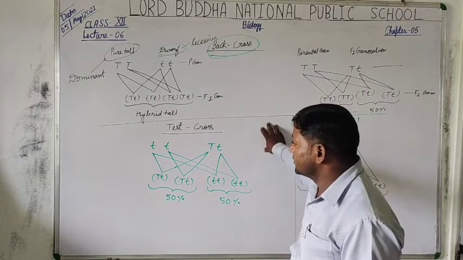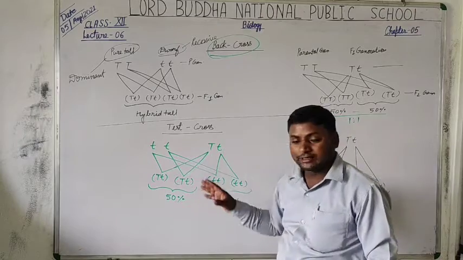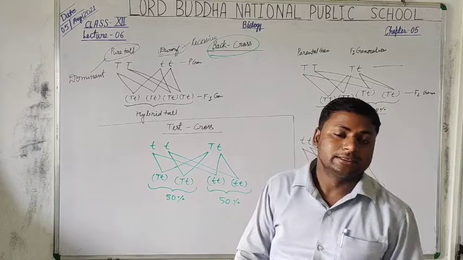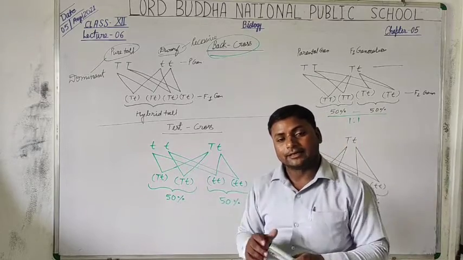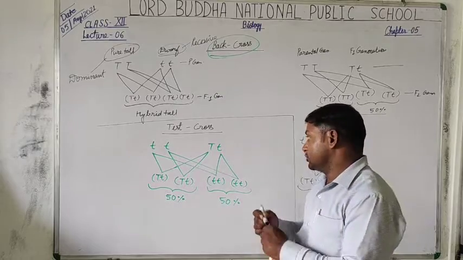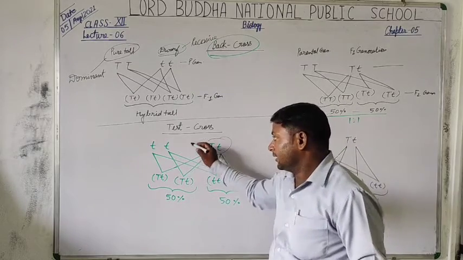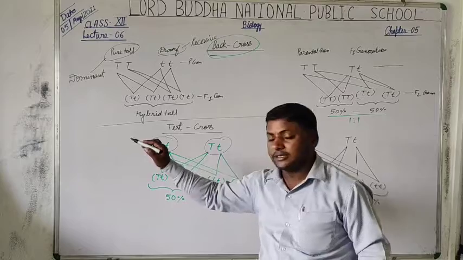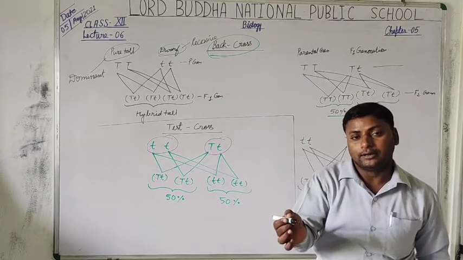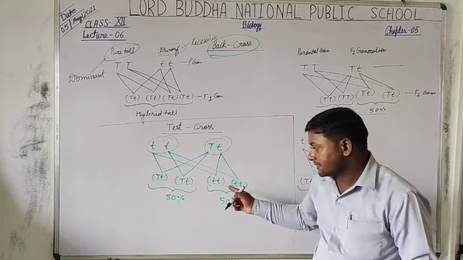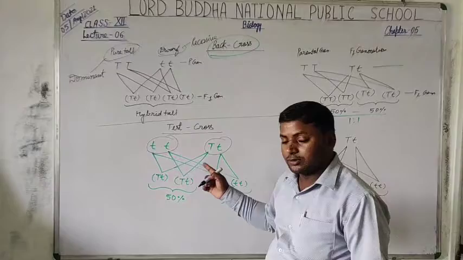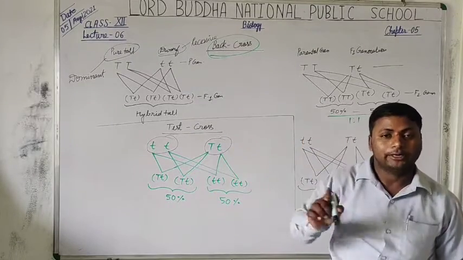Such a cross is known as test cross. Once again, to define the test cross: when a cross is made between an individual of the F1 generation and a homozygous recessive parent plant, such a cross is known as test cross under monohybrid cross.